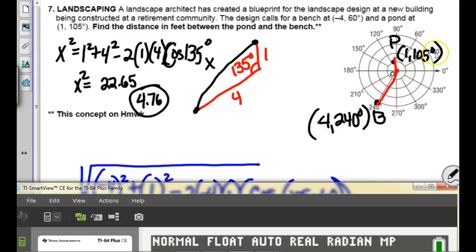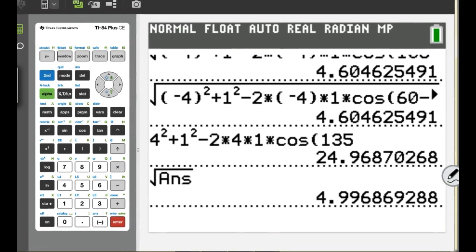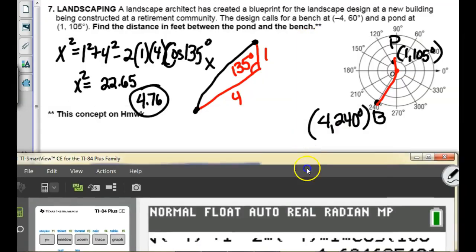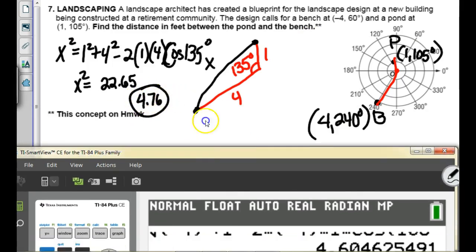The difference between those is 135, right? Is that what I'm typing? Why did I get 3 different answers now? This is not what I got the first time either.